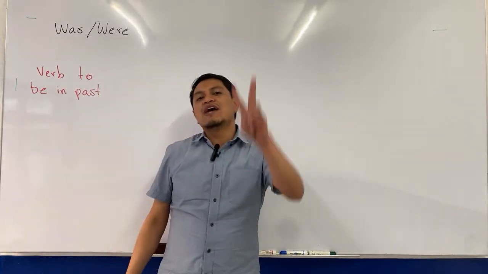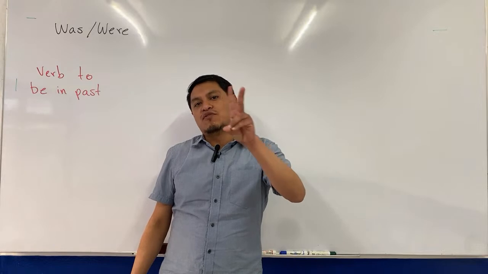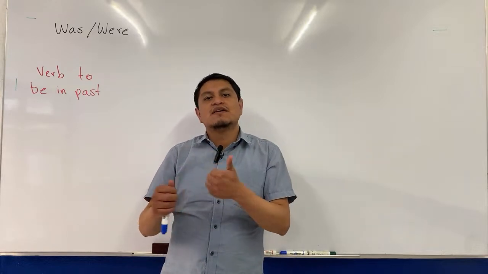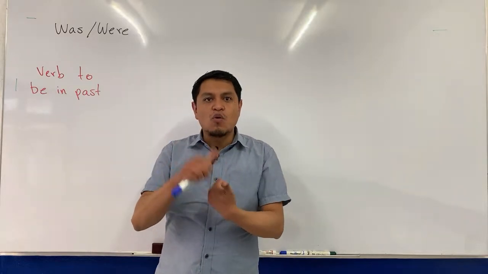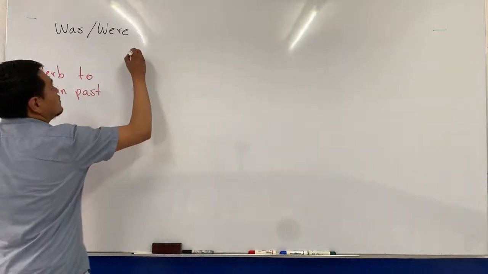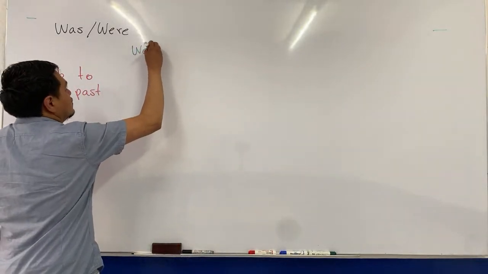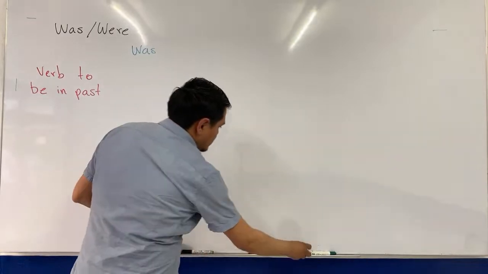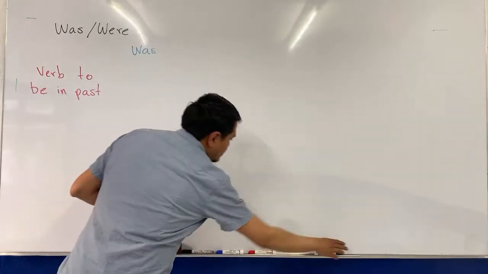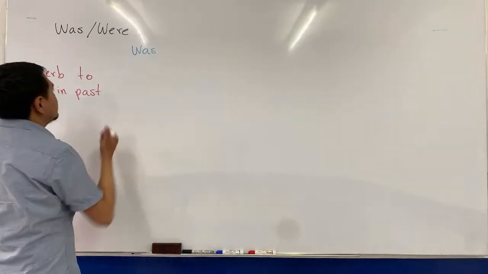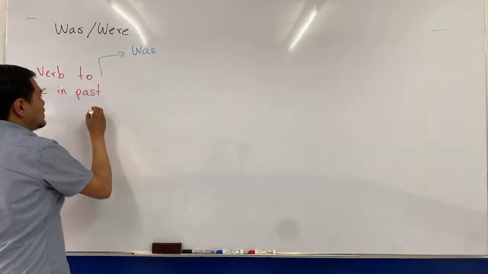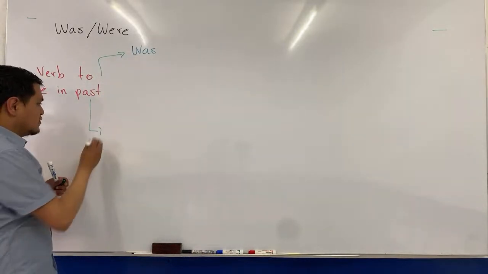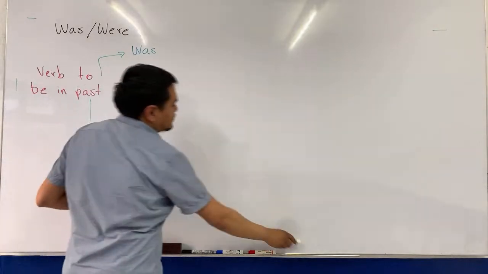In this case, we have two types of words for using in the past with the verb to be. First, was, and were.